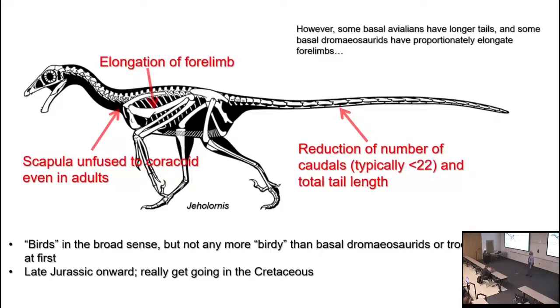In most groups of dinosaurs, when they become a full adult, the scapula and the coracoid fuse to each other. Now, as we'll talk about when we talk about dinosaur growth later on, we have very few fully adult dinosaurs. So your typical specimens that you see don't show that fusion, but on occasion we have representatives of the adults and they're fused. Not so in Avialae.